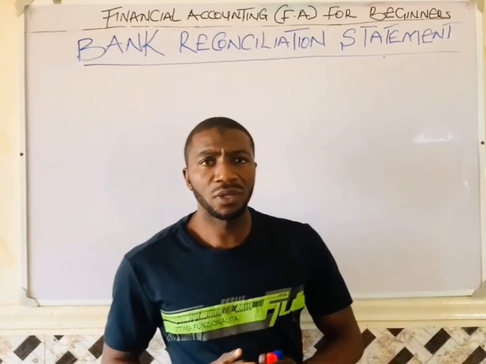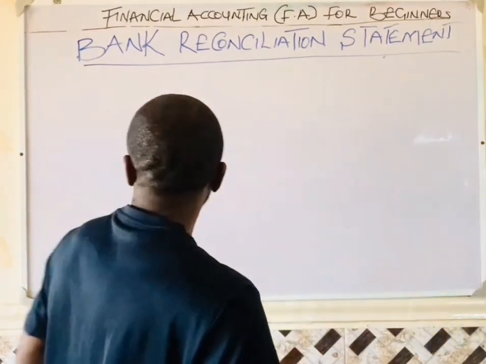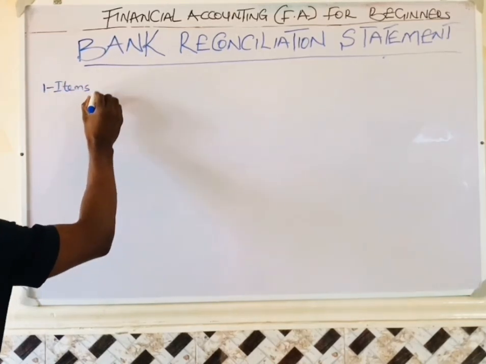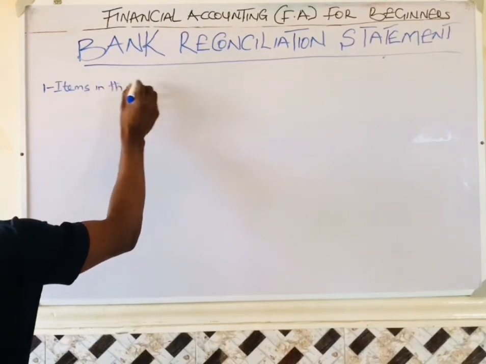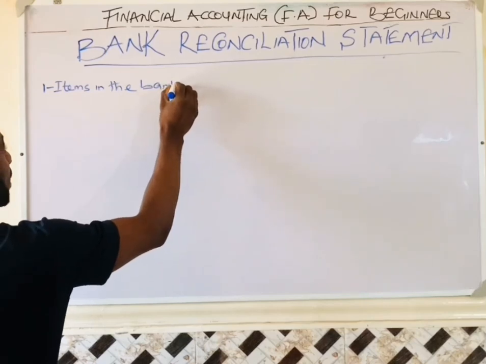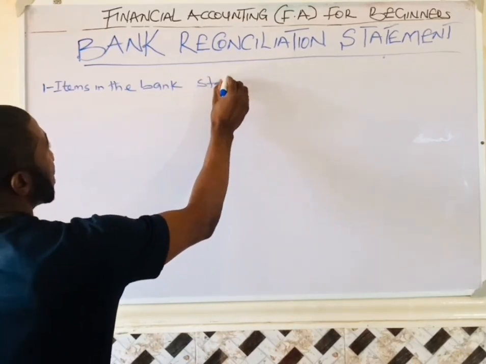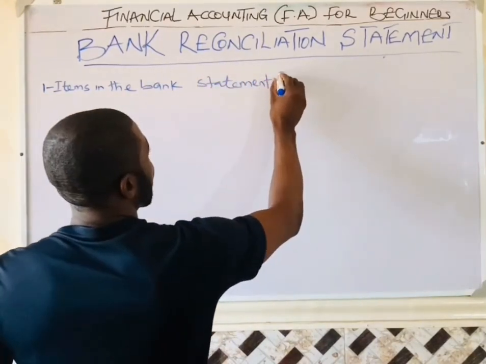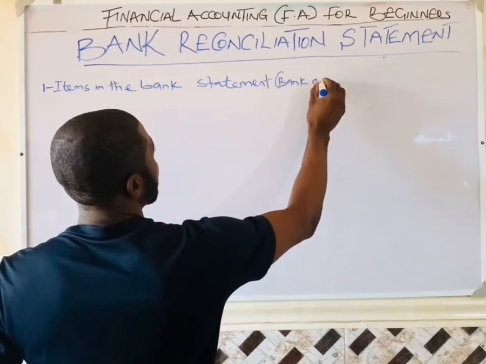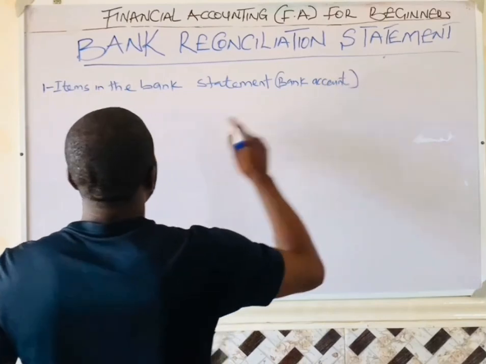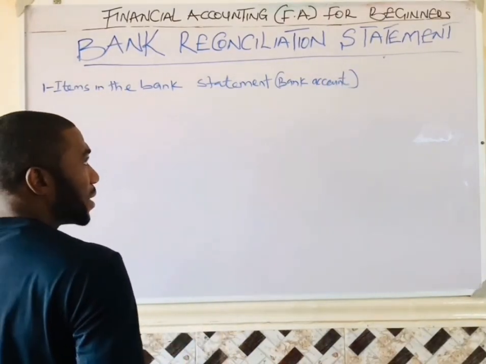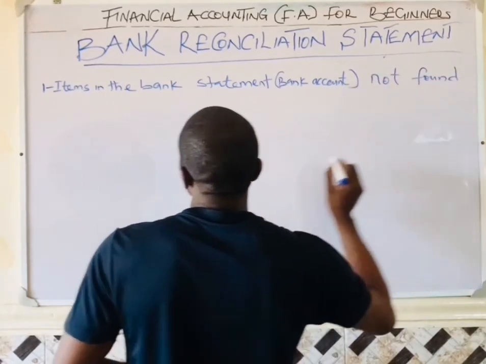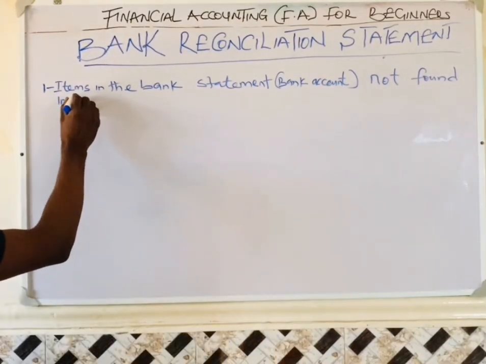We have 3 reasons, and the reasons are: 1, items in the bank statement, that is our account in the bank, not found in the cash book.